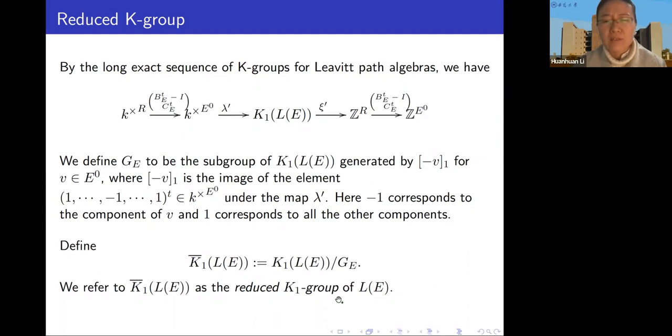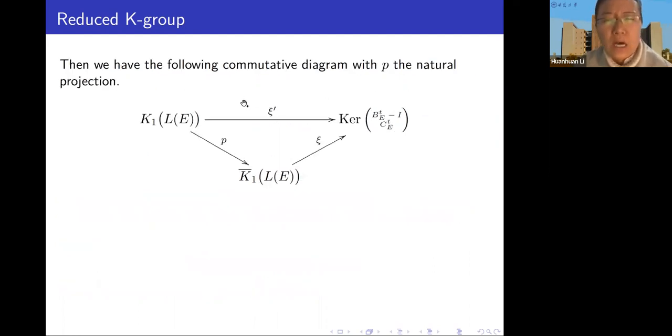When we have the reduced K1 group, we actually have this commutative diagram. P is the canonical projection from K1 to K1 bar. And here this map prime is from the long exact sequence. So we have this induced map here, because from that exact sequence we can see that we have this map there.